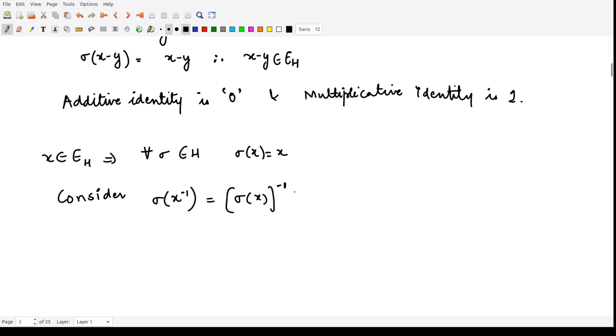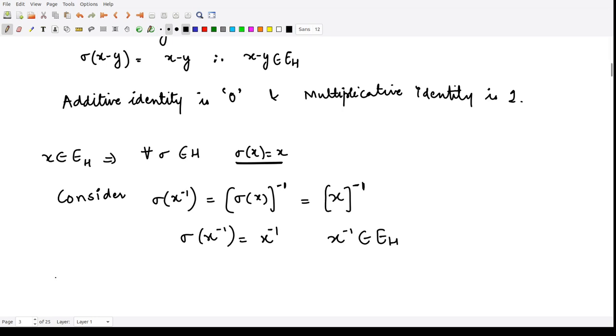This is by the property of homomorphism. And what is sigma of x? Sigma of x is x because it belongs to E of H. So sigma of x inverse is equal to x to the power minus 1. And hence this x to the power minus 1 also belongs to the set E of H.